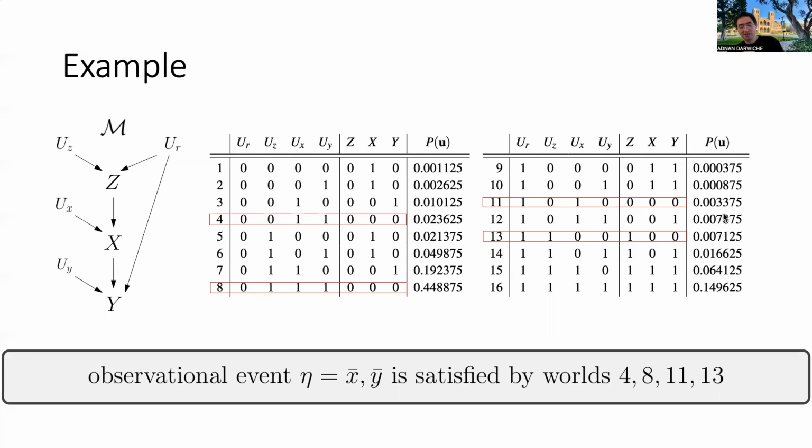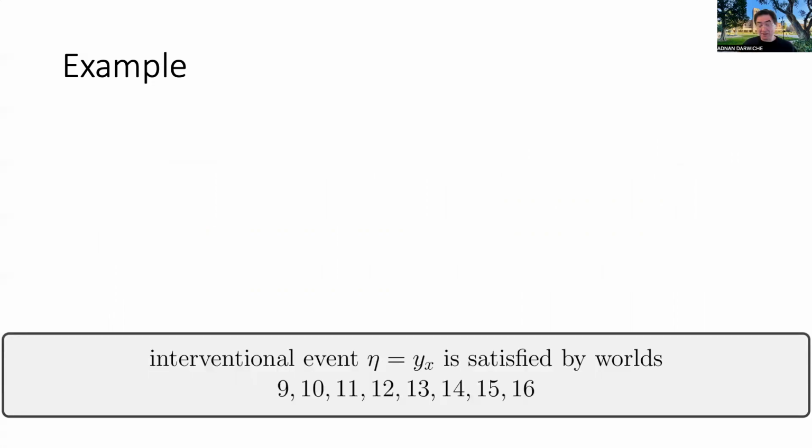I want to show you an example of an interventional event. This. Which worlds make this true? Or in which worlds does this hold? That if I set X to true, Y will be true. All right. Now, to do this, you have to operate using this guy.